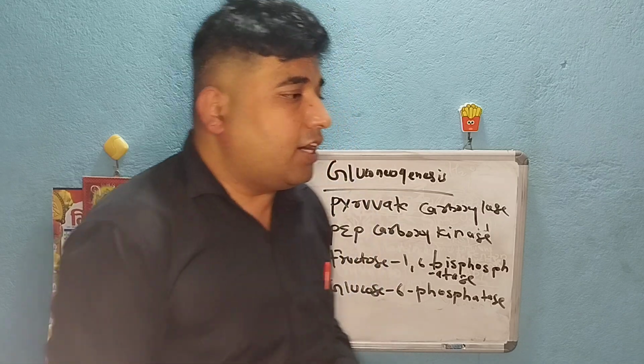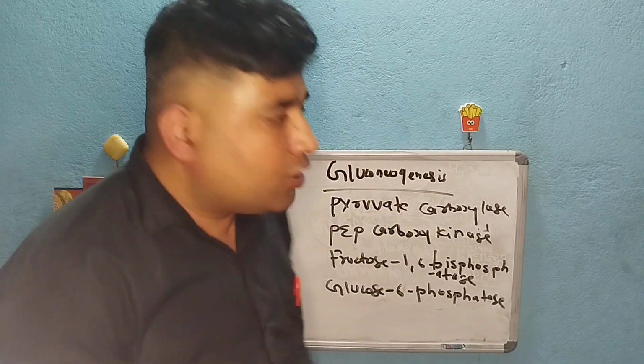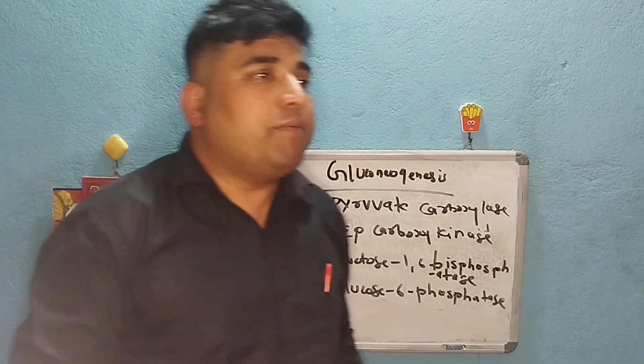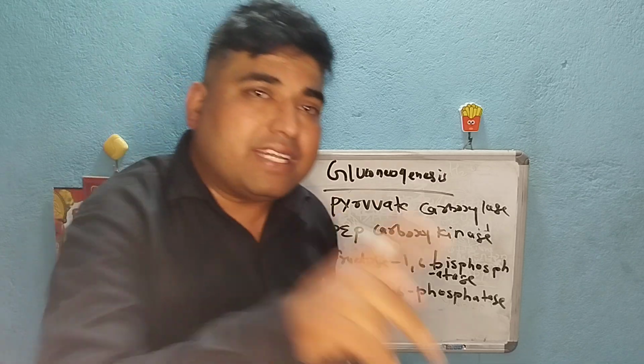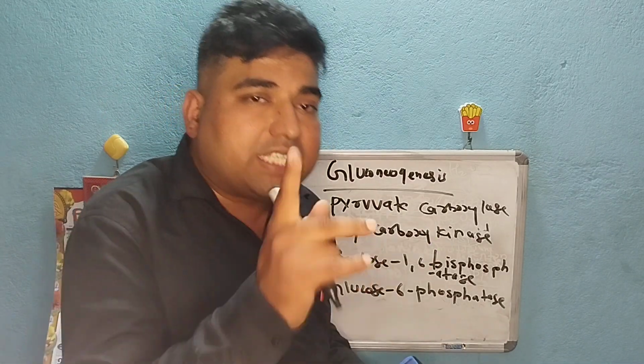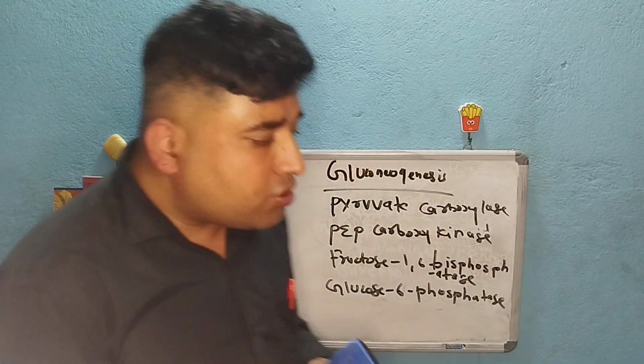The last step of glycolysis is the conversion of phosphoenolpyruvate into pyruvate, which is an example of substrate level phosphorylation. But during gluconeogenesis, pyruvate cannot be converted into phosphoenolpyruvate by the same enzyme, because it is an irreversible step in glycolysis. So the pyruvate to phosphoenolpyruvate conversion is facilitated by the malate shuttle, and gluconeogenesis is interdepartmental.